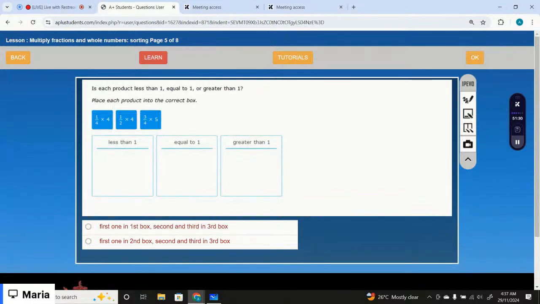Is each product less than 1, equal to 1, or greater than 1? So which is the correct option?